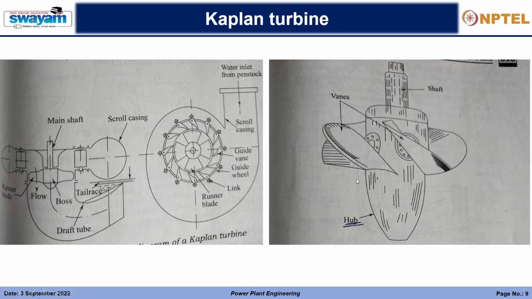Here there is one difference from the Francis turbine: these are actually pivoted, not welded to the runner. If it is welded, then it has no degree of freedom, it is just static, it cannot move. But according to the flow condition, whether it is low flow or high flow, we can adjust the direction of the vane, so we can rotate the vanes about the longitudinal axis of the runner.